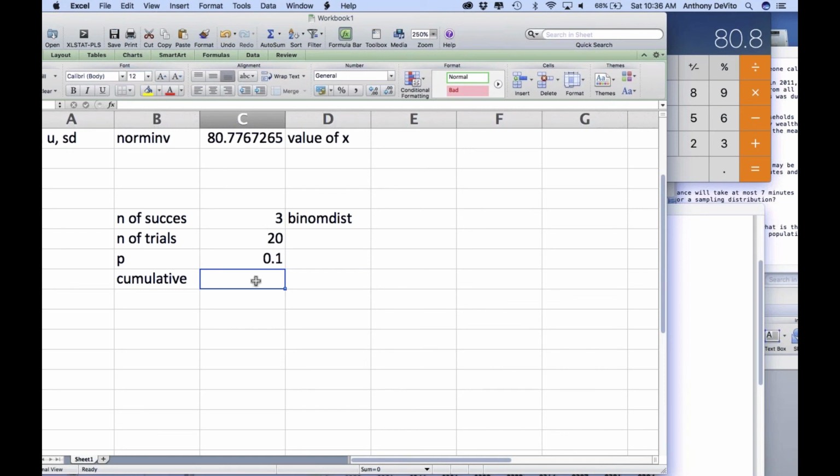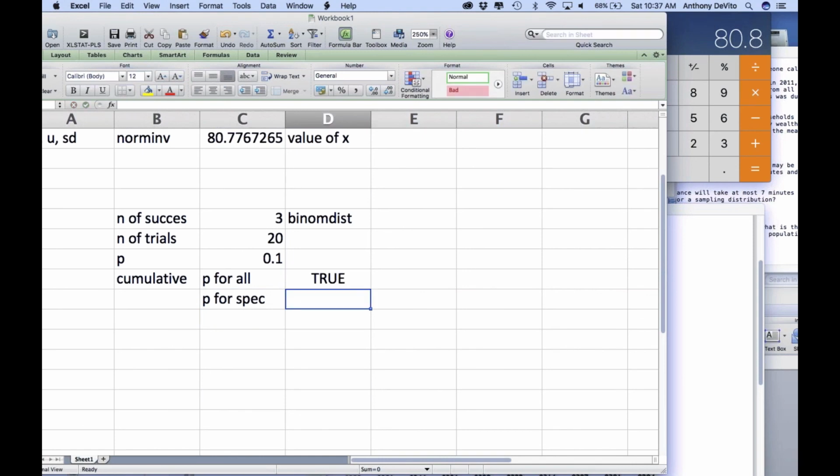Now, cumulative, you have to make a decision, right? Cumulative is whether or not you want the probability for all, or just the probability for that specific outcome. If you want it for all, you say true.